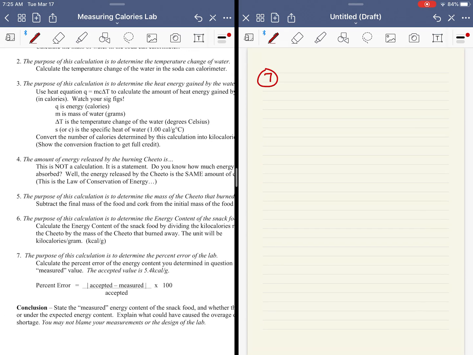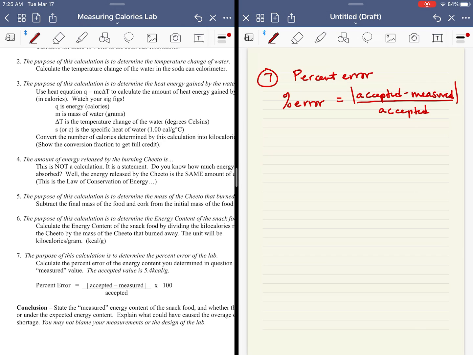Question number 7 is percent error. So percent error is equal to the accepted minus the measured, divided by the accepted.